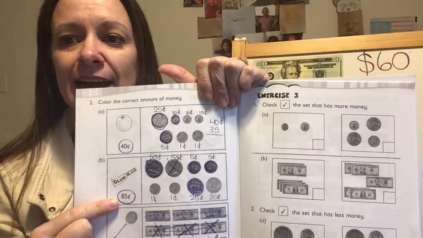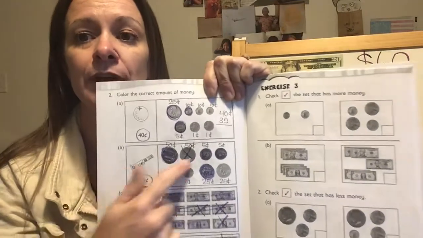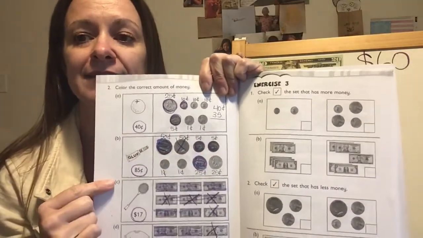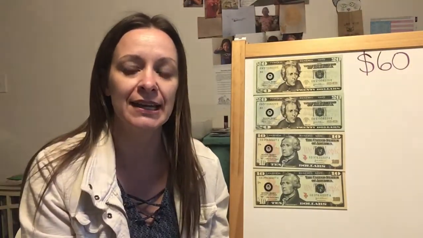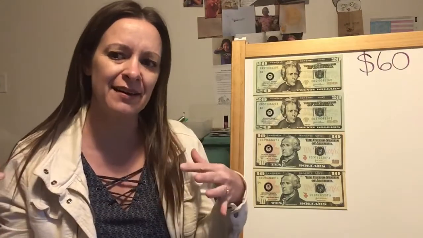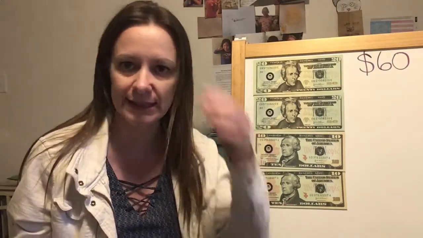If you have an 85-cent pack of glue, you would need to color in 85 cents, and so on. I actually did it with you on camera, and I went way over our time, and I only have a certain amount of time I can post on YouTube. I'd rather you concentrate on really learning what the coins are and how much each coin is worth, rather than getting too complicated with counting them right now.